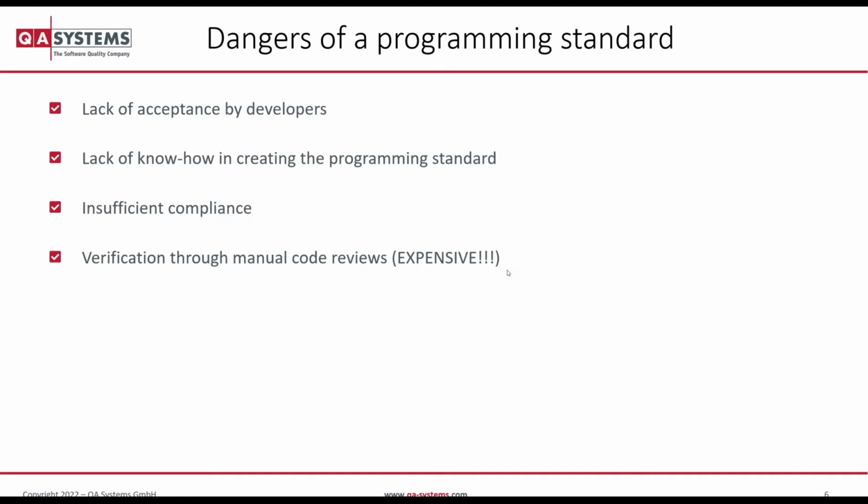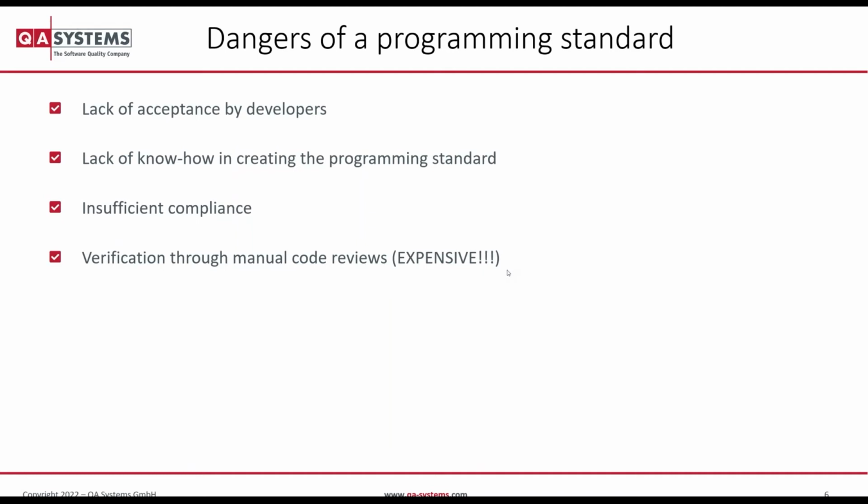In the past, and unfortunately that's not nowadays a very important issue, was the lack of knowledge in creating a programming standard. As I said, in the past, a lot of companies developed their own coding standards. Nowadays, you more often use an existing coding standard, and therefore that's not a big thing.